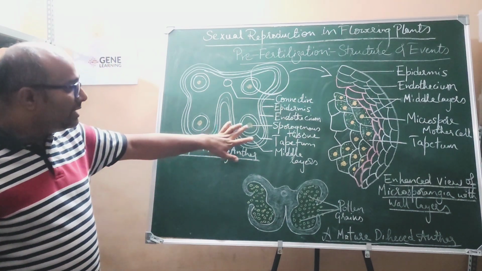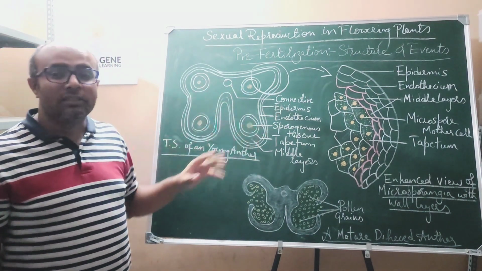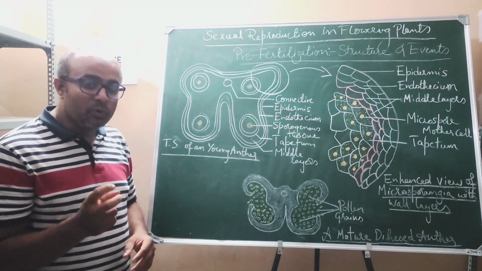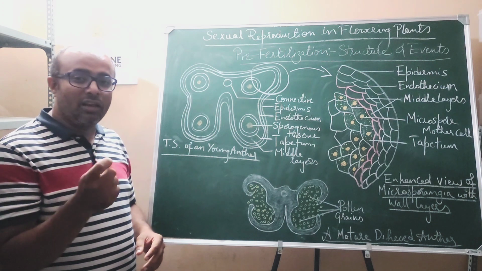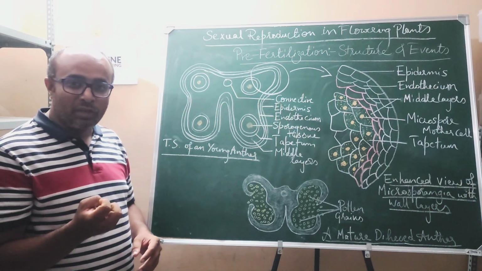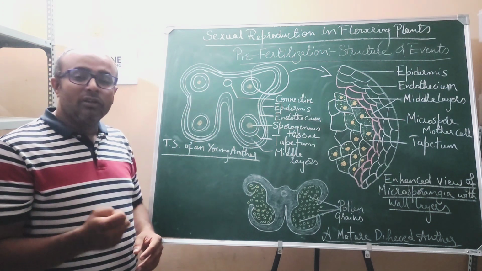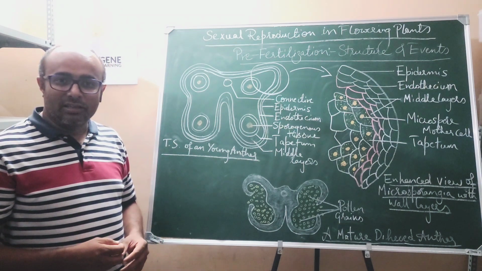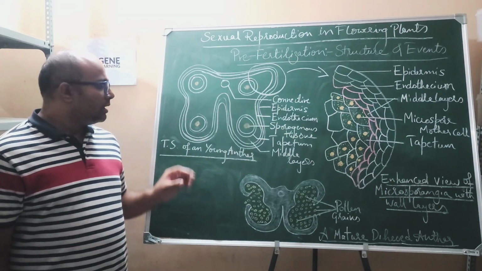These dense cells are called the sporogenous tissue. Each cell of the sporogenous tissue has the potential to become a pollen grain later.